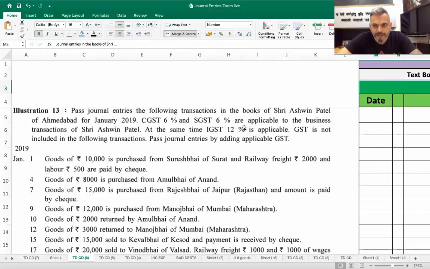At the same time, IGST 12% is applicable. GST is not included in the following transactions. It means the amounts given, 10,000, 8,000, 15,000, 12,000, 2,000, are without GST. So GST is not included. We have to calculate it separately.